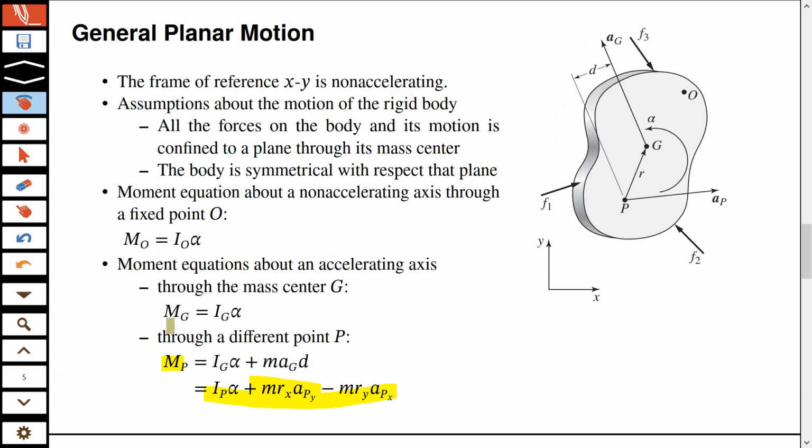Just remember that we have a simple formula when there is a non-accelerating axis, which means that this AG is 0 and this AP is 0. And if it is accelerating, which means that either AG or AP is non-zero, but we are only given AG and we don't have any other acceleration available to us, then you use this form.